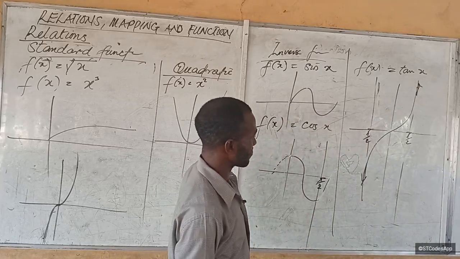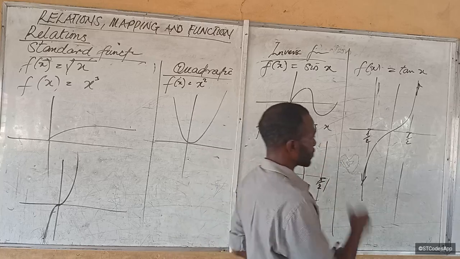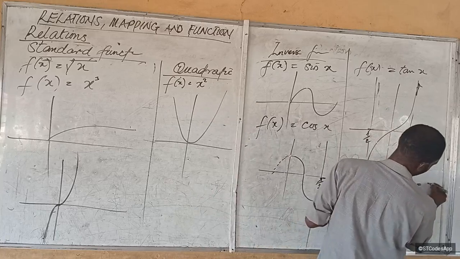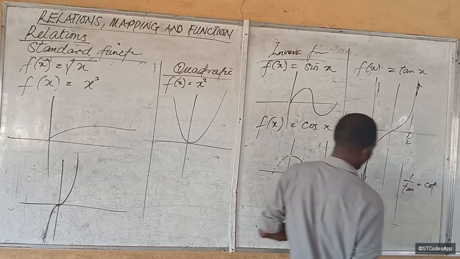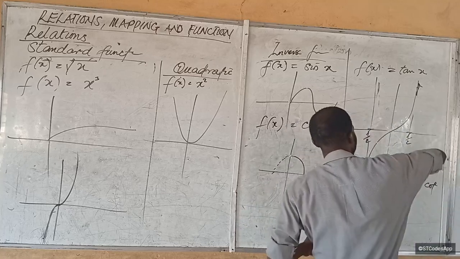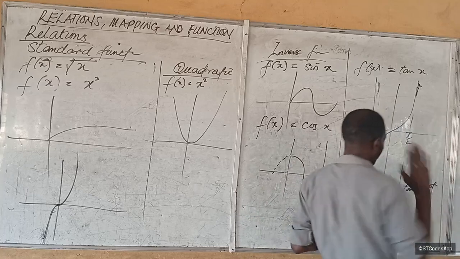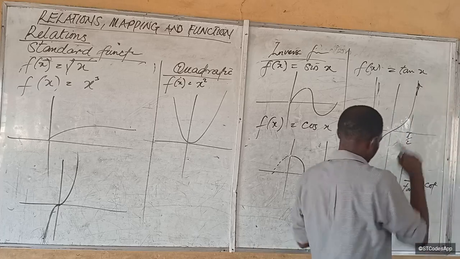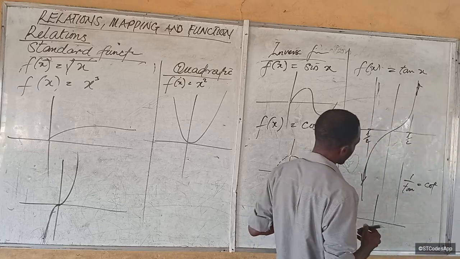So what will be the inverse of this? What's tan inverse? 1 over tan is what? Cot, right? So what will the cot graph look like? If tan is floating like this, then the inverse of that will be something like this.